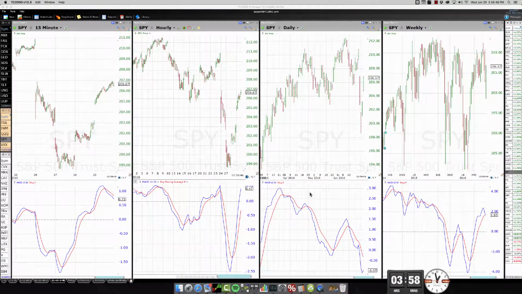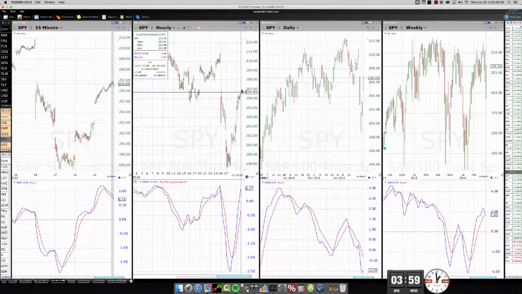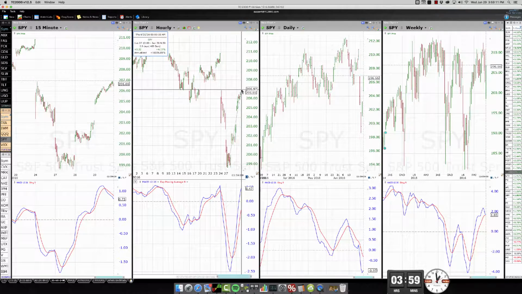You know, I've been looking at this thing, and the only thing you can say about this is total and utter market manipulation. I understand a pullback, but this is ridiculous. We're talking a pullback that's $8.